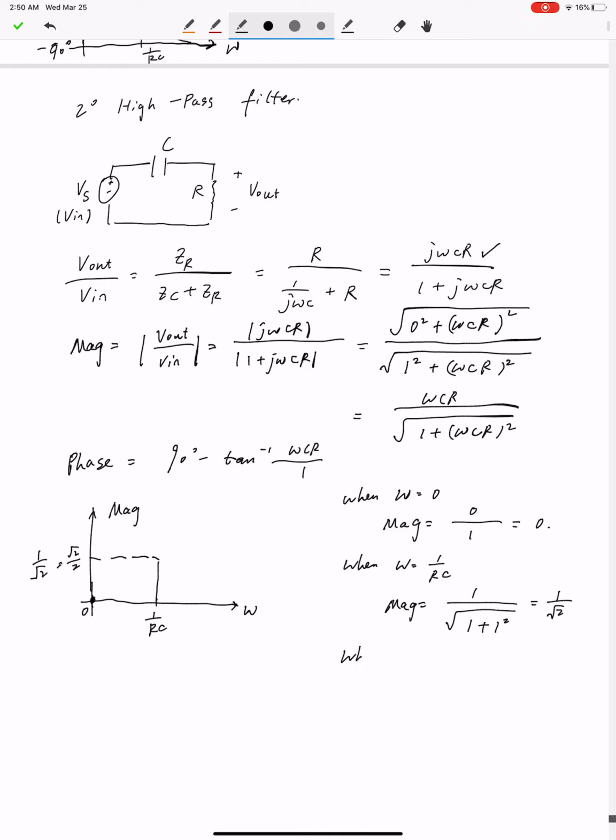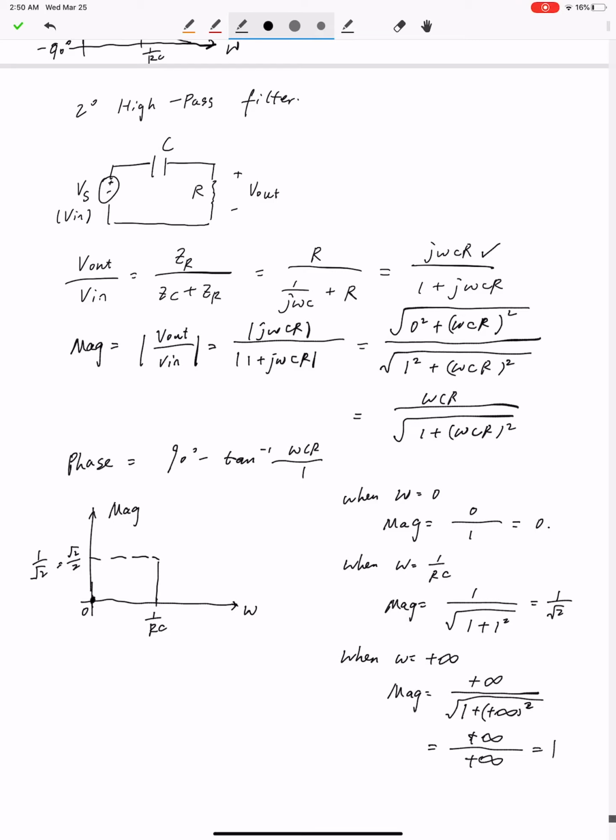And when omega equals positive infinity, the magnitude becomes infinity divided by the square root of 1 plus infinity squared. For this one, we can analyze the trends of numerator and denominator. So the numerator is positive infinity, and when you square, add 1, and take the square root, the bottom part is still positive infinity, and that is just 1.